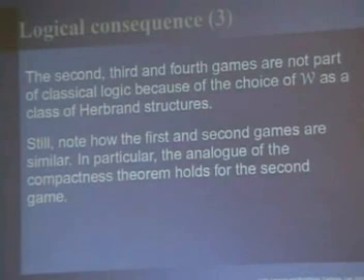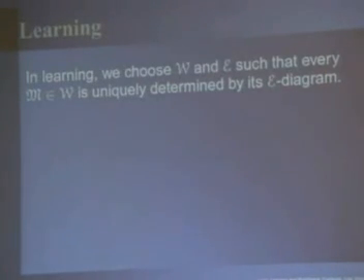In learning, we choose W, the class of structures, which is like the class of concepts, and E, such that every model M in W is uniquely determined by its E diagram. Now, the idea here is that if your class of concepts is very complex and the data available to the learner is very weak, then you will not be able to determine the truth of sentences.